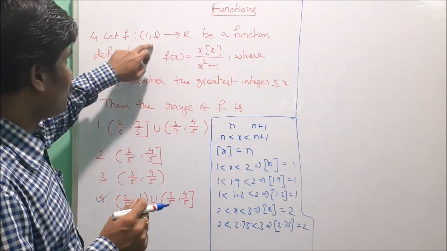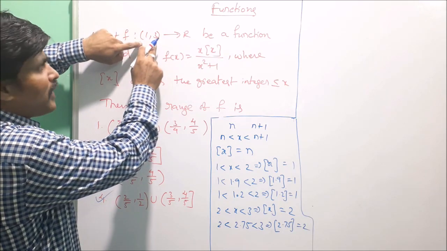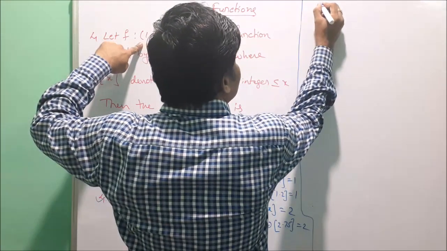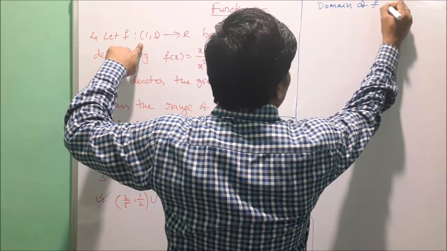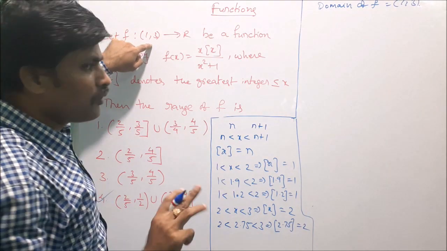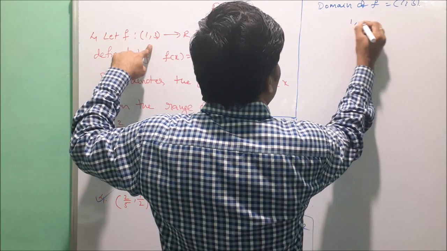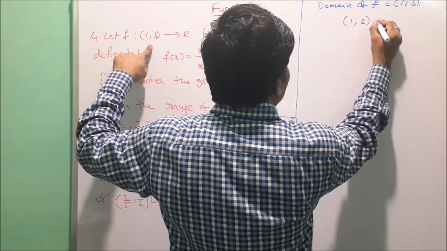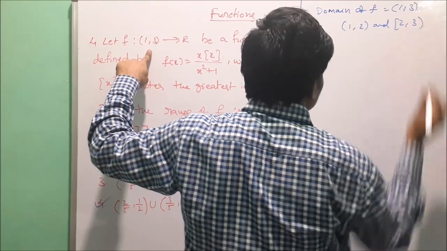Now in the problem, the domain of the function f is the open interval 1 comma 3. First we divide this domain into two subintervals: 1 to 2, open interval, and closed 2 to open 3.